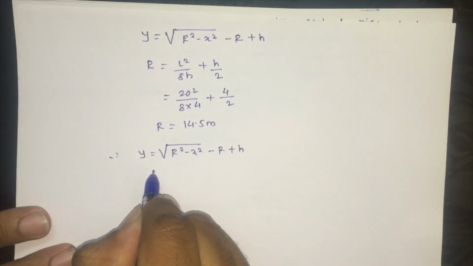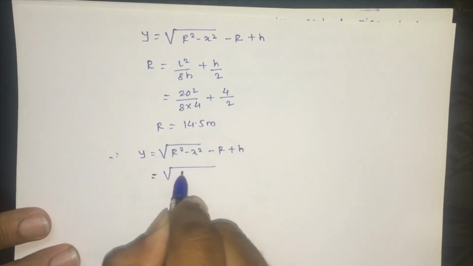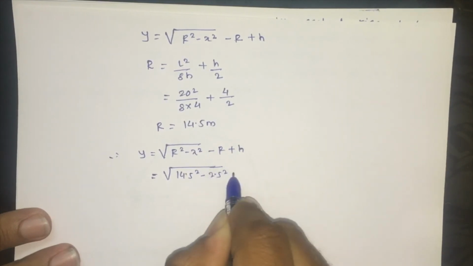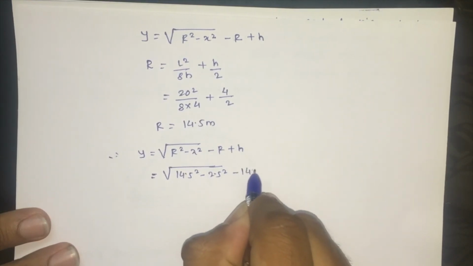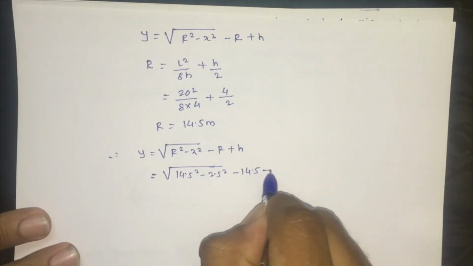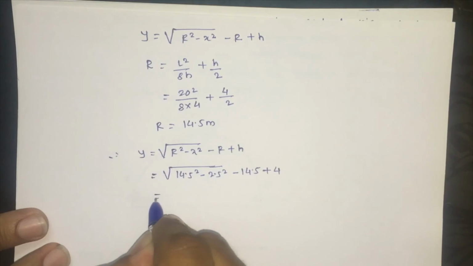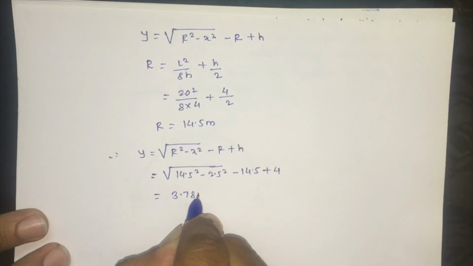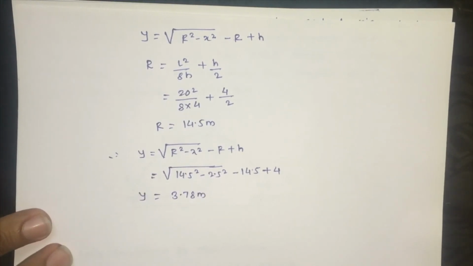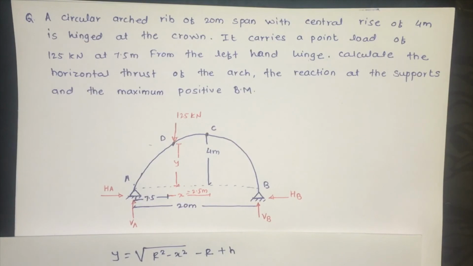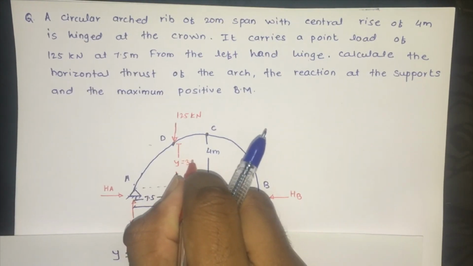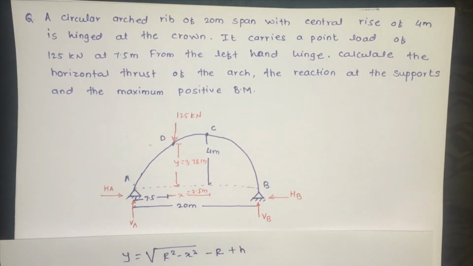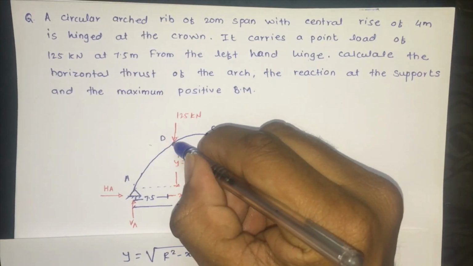So y is equal to square root of 14.5 square minus 2.5 square, minus 14.5 plus 4. After solving this, the value of y is equal to 3.78 meter. This is the value of y, 3.78 meter.